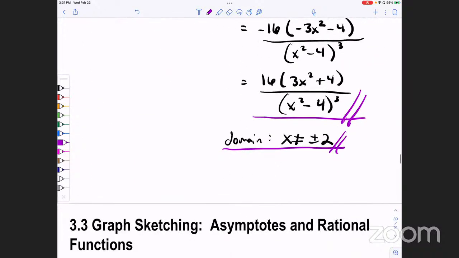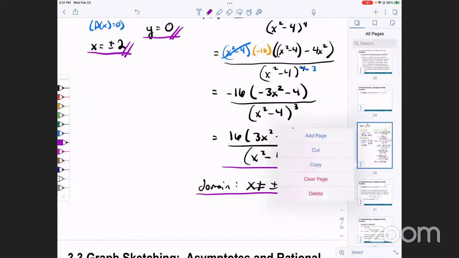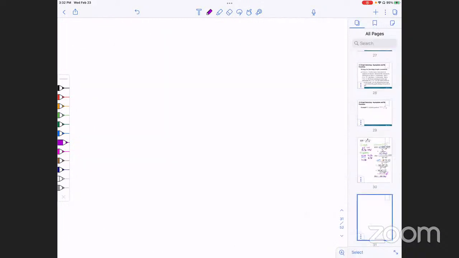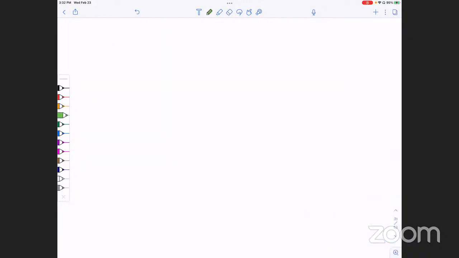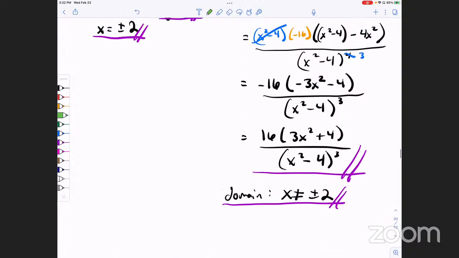Let me do another page. So then the fourth suggestion, go ahead and find any relative extrema, using the first derivative. So 4, I'm going to say find relative extrema with that first derivative.